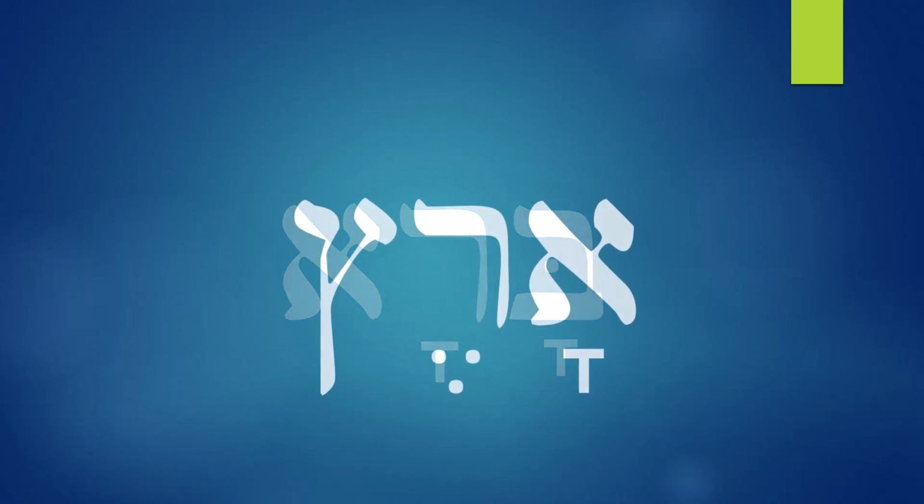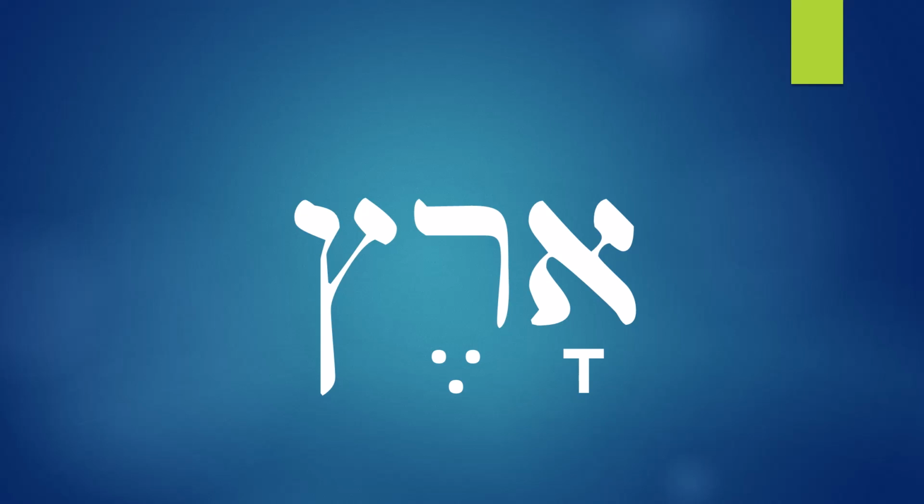Let's move on. How do you pronounce this word here? Aleph, Kametz, Resh, Sego, Tzade. You have Kametz, which is A sound, Ra, which is Resh, Sego, which is E sound, and then you have TS from Tzade. Remember, this is the final form for Tzade.